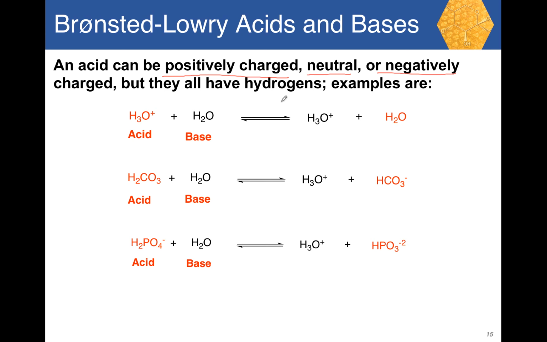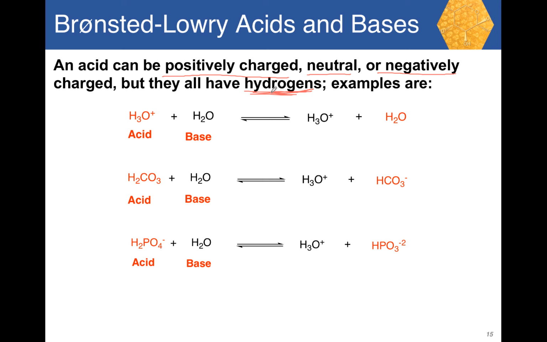The main thing here, though, is that all acids must have at least one hydrogen, because by definition, remember the Bronsted-Lowry definition, an acid is a proton donor.